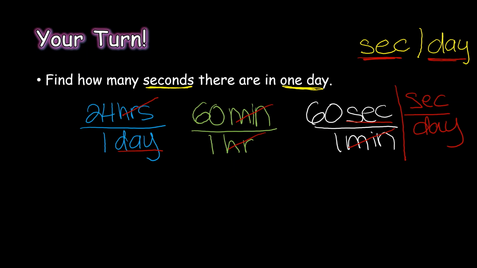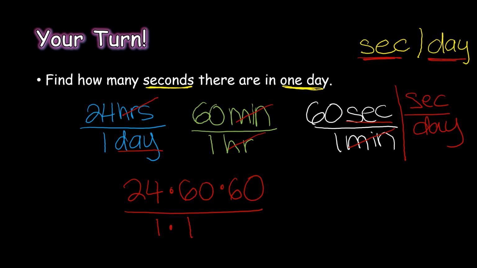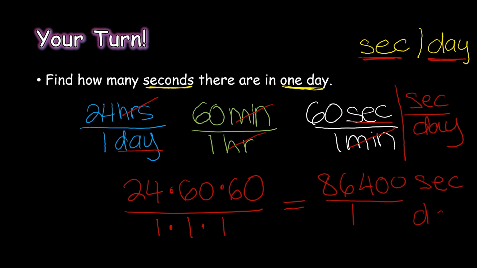Now all we have to do is calculate. So we're going to do 24 times 60 times 60 over 1 times 1 times 1. And we end up getting 86,400 over 1. Therefore, we get 86,400 seconds per 1 day.